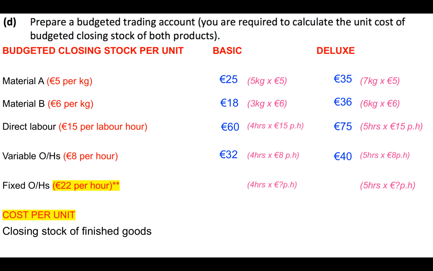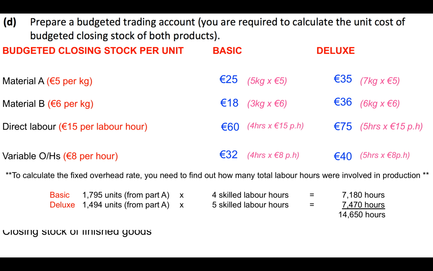So I'm going to have to find out how much is my fixed overhead per labour hour. Okay, so to calculate the fixed overhead rate, you need to find out how many total labour hours were involved in production. So for basic, we need to make 1795 units. Multiply that by 4 skilled labour hours, that is 7,180 hours.